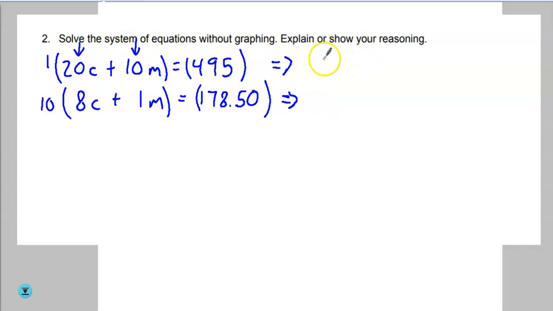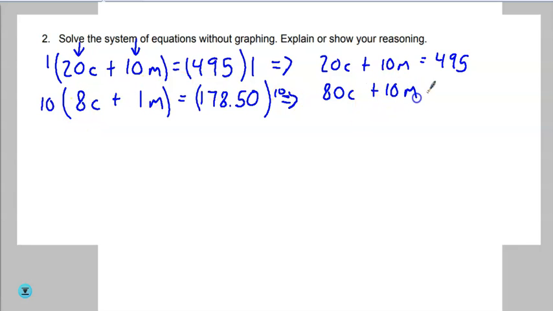All right, so 1 times 20 would be 20C, plus 1 times 10 is 10M, equals 1 times 495, right? You want to multiply 1 on both sides, and 10. That's still 495. Multiplying by 10, 10 times 8 would be 80C, plus 10 times 1 is 10M, equals 10 times 178.50, which is 1785.0.